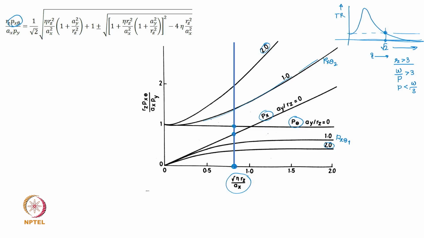Now if this is the case, which p will you consider for the best design? Supposing that you have px theta 1 equal to, let's say, 10 hertz, and px theta 2 equal to, let's say, 28 hertz.